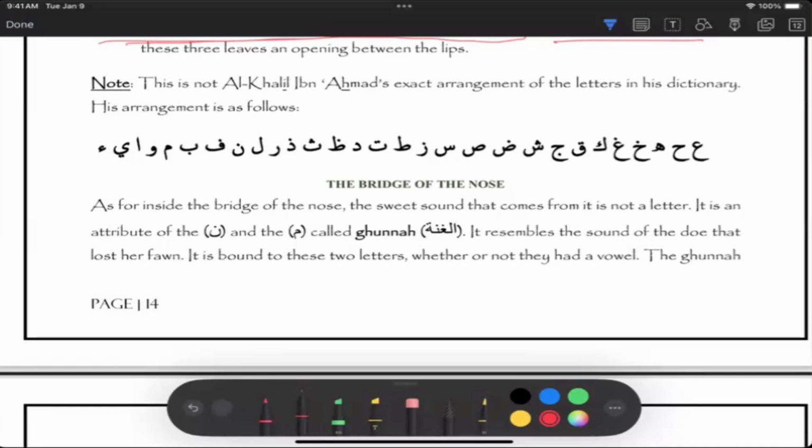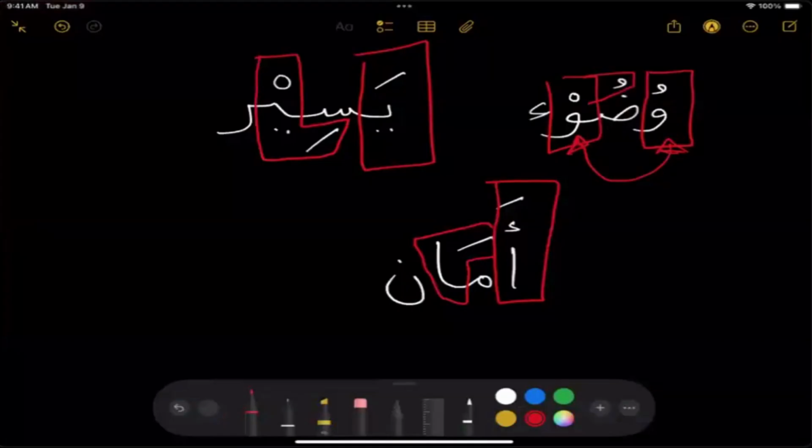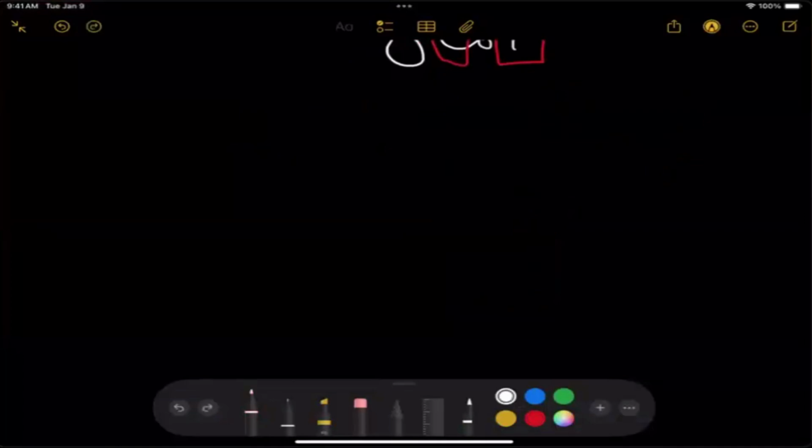So if he starts with the throat, the bottom of the throat has a hamza and ha. If he starts with hamza, he doesn't want to start with hamza because hamza doesn't stay firm. Hamza can flip into a waw or a ya or an alif or even be omitted altogether. So he didn't start there.